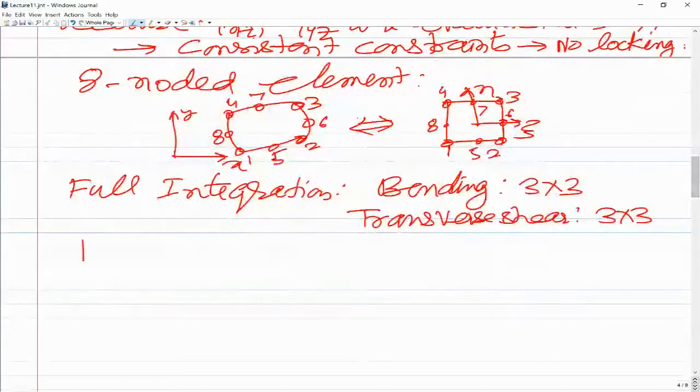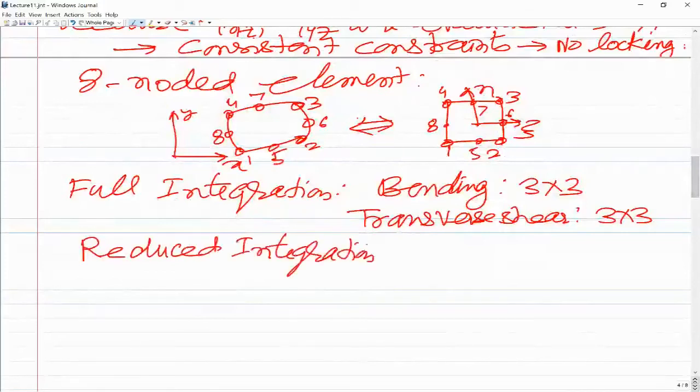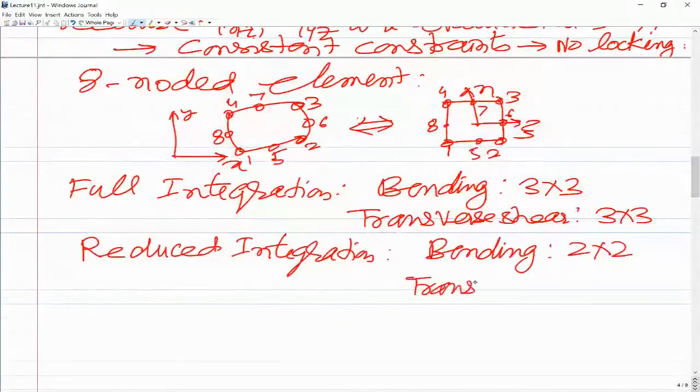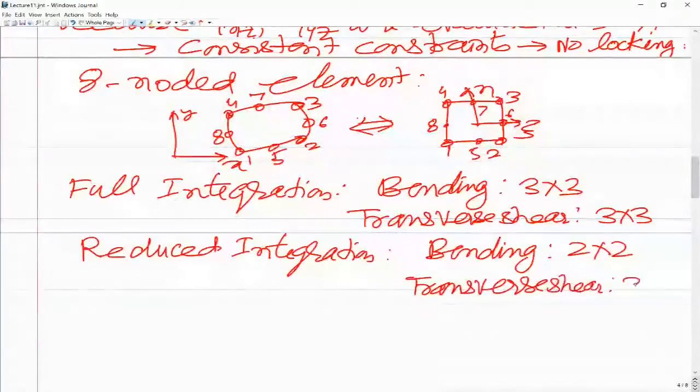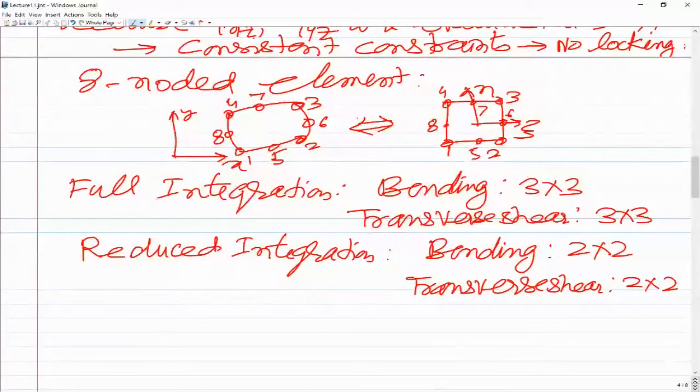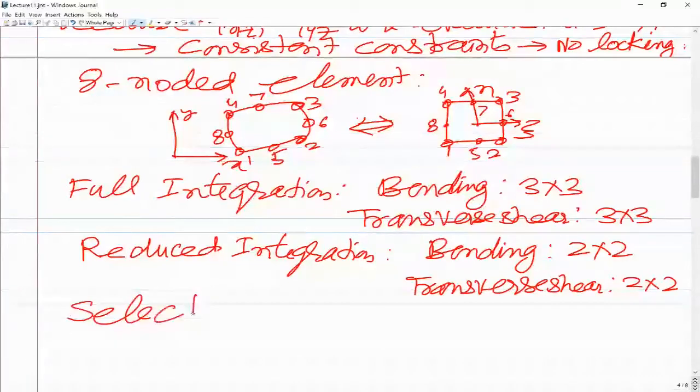Then in the reduced integration, which is not preferred, bending is now one order lower. So bending is evaluated using 2 by 2 integration, and the transverse shear stiffness term is also evaluated using 2 by 2. Sometimes instead of 2 by 2 we may also want to use 1 by 1, because 2 by 2 also may lead to a little bit of locking.